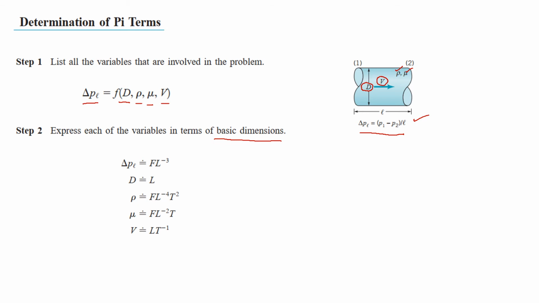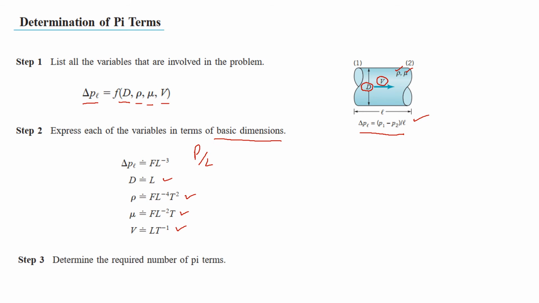So this will be the basic dimensions of pressure per unit length. So this will be P over L. This is the diameter dimension, which is length. This is the dimension for density, for viscosity, and for velocity. So in the second step, we will express each of the variables in terms of its basic dimensions.